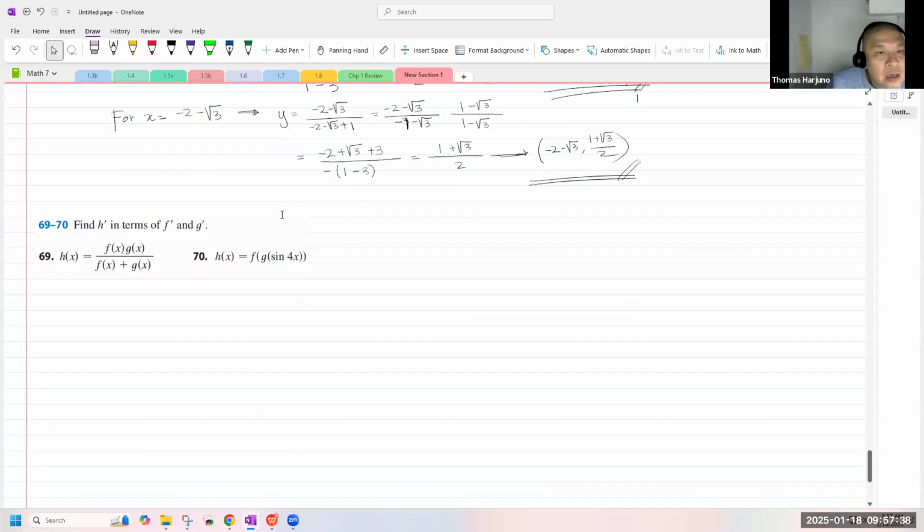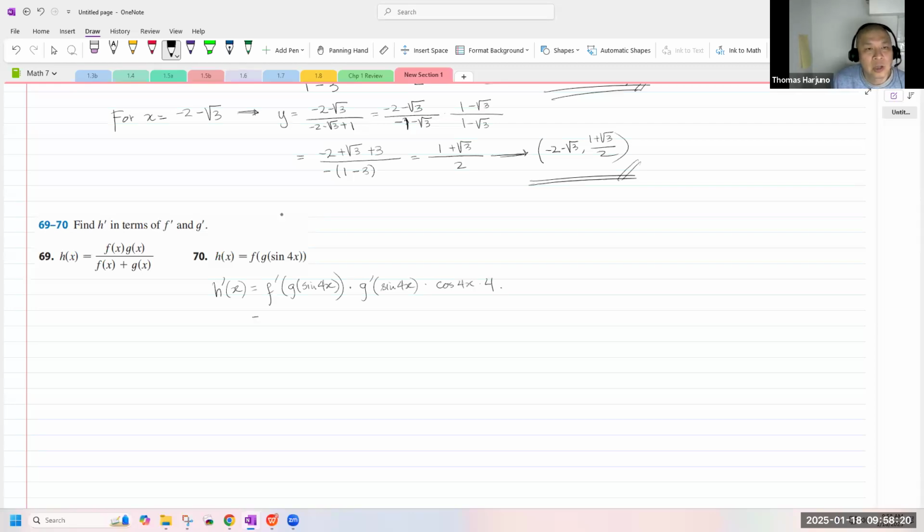Number 69 and number 70. Find h of x in terms of f prime and g prime. Let me try number 70. So h prime x equals f prime of g of sine 4x times the derivative of g of sine 4x times the derivative of sine 4x, which is cosine 4x times 4.